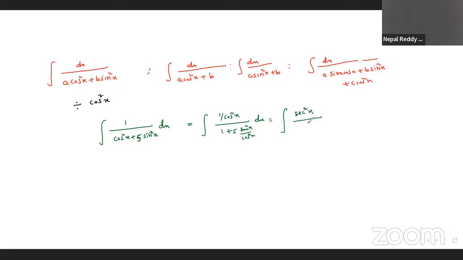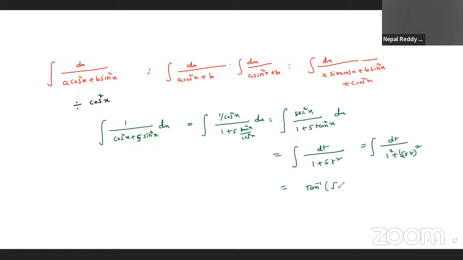Next, here it is 1 plus 5 tan square x dx. Now put tan x equal to t. Then you will get secant square x dx is dt. It becomes integral dt divided by 1 square plus (root 5 t) whole square. 1 by 1 plus x square is nothing but tan inverse of x.